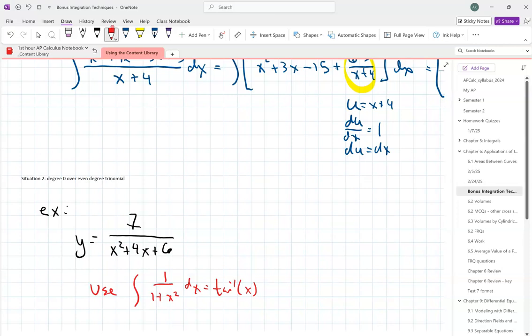So what I need to do is figure out a way to rewrite this denominator as something squared plus a constant. You know what? I think I am going to make that a 5. I changed my mind.